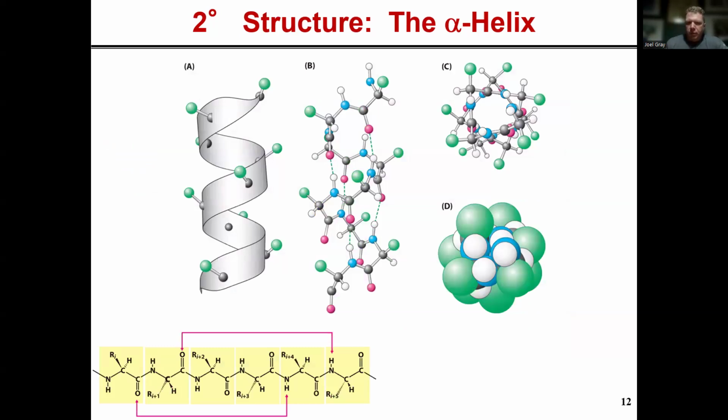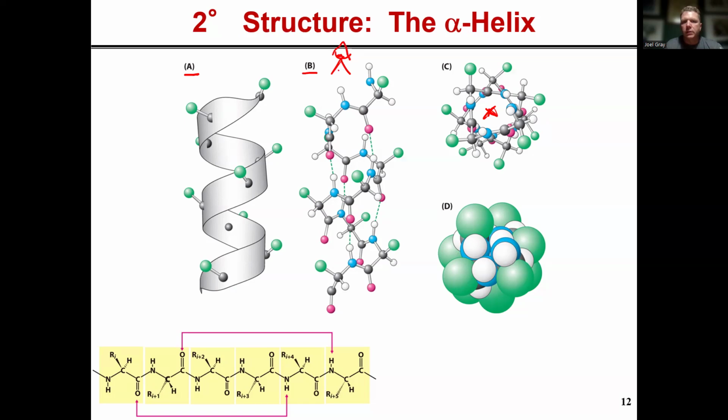Now, there's a couple of other things, and here's a nice little model, model A. B, we don't have the ribbon structure, but instead we have the atomic structure. And C, we've got a view down the center of it. So we're kind of looking from here's my eye, and that's a pupil right there.